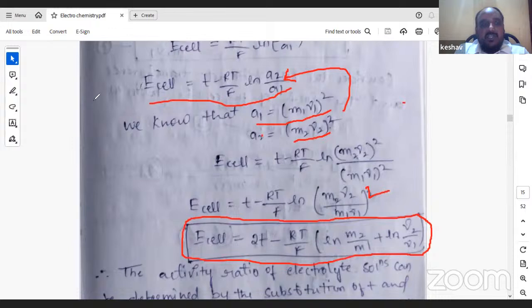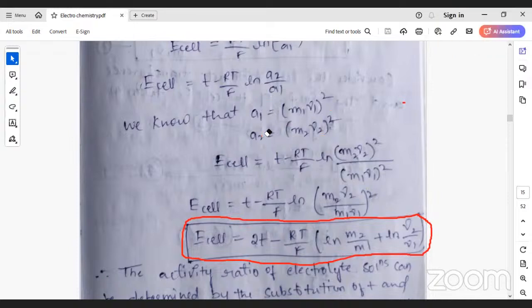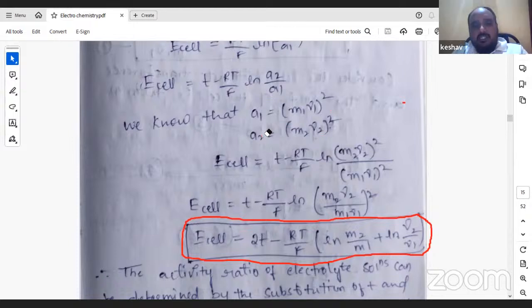This equation represents the concentration cells with transference. Sir, here square 2 will be multiplied to T also and in RT also? No. 2, T minus, RT, these are all numerators only. Not here 2T minus.